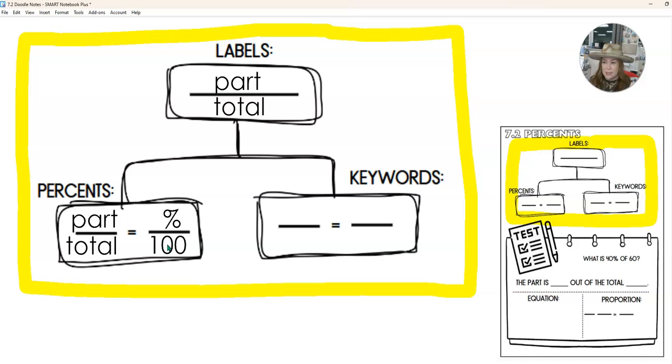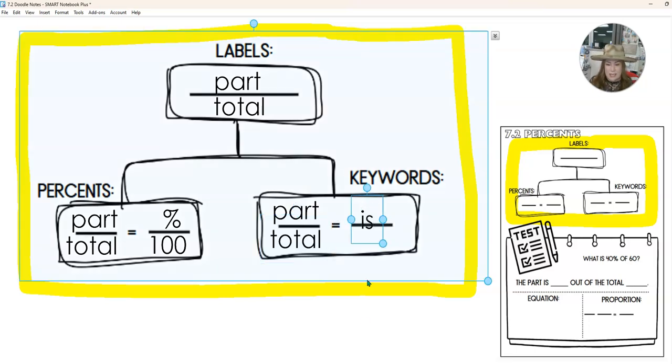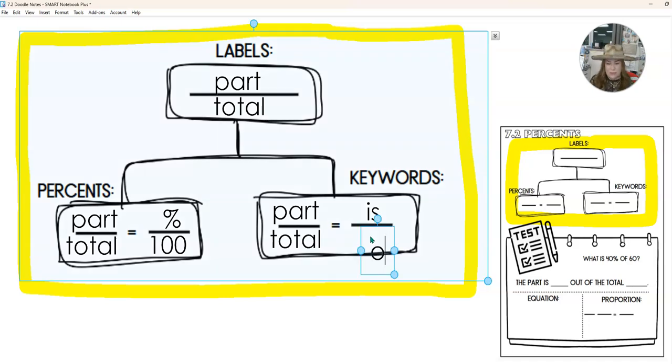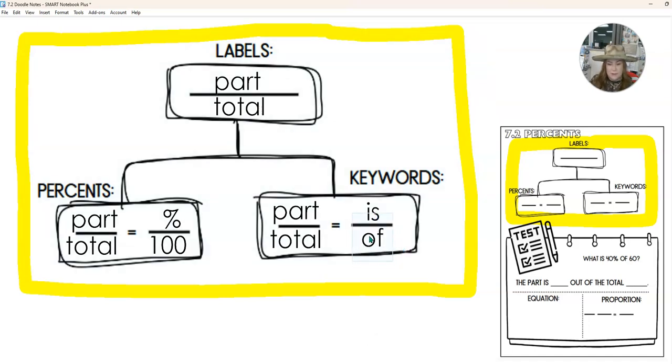So as you're reading some of these problems, you might see some different words that mean part and total. Some other key words that might mean part is the word is. This is what we have. This is the part that we have. And it's out of the total.